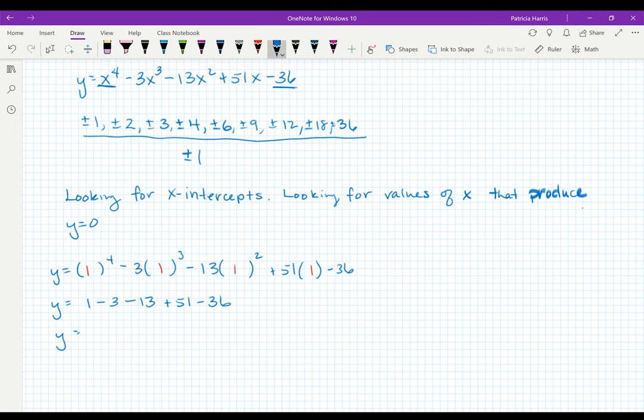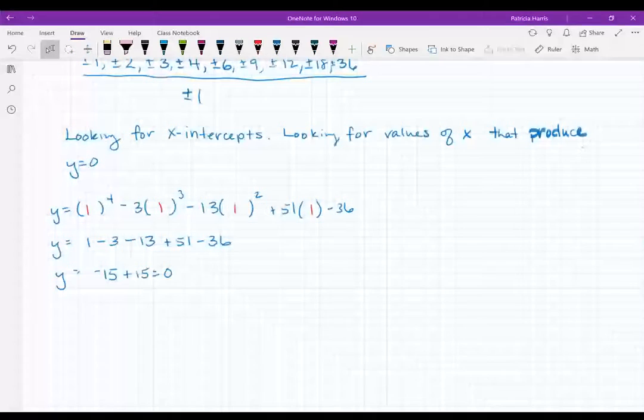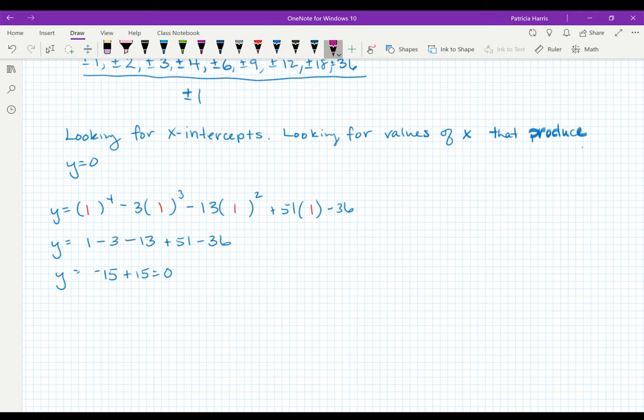It would help if you wrote the problem down right, wouldn't it? Okay, so we've got negative 15 and then positive 15, and that gives us a 0. Now remember what this means: x equals 1 is a solution.